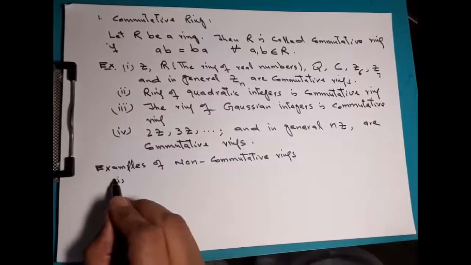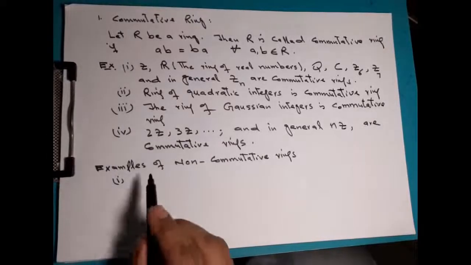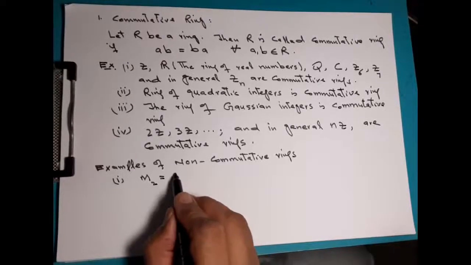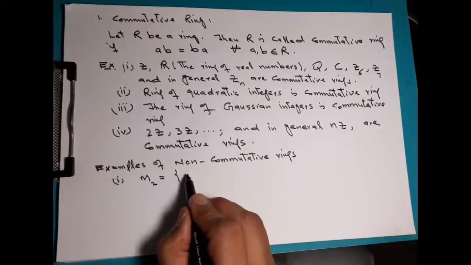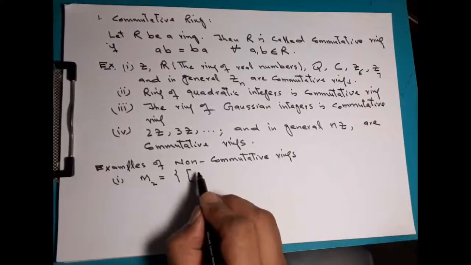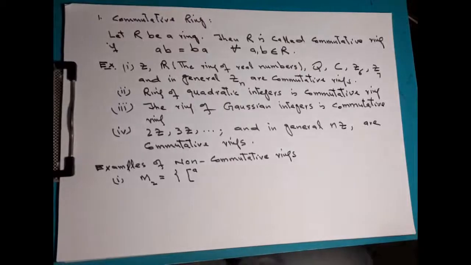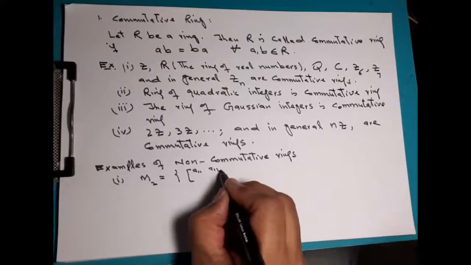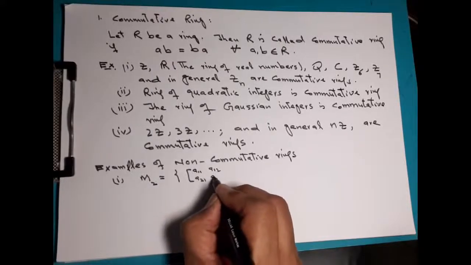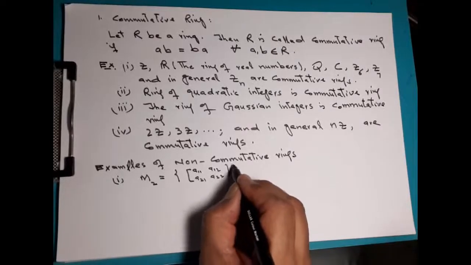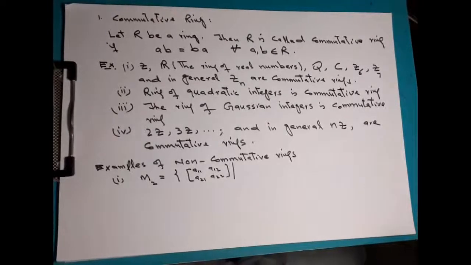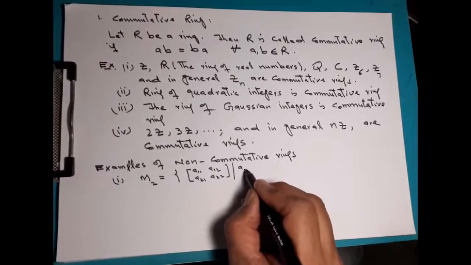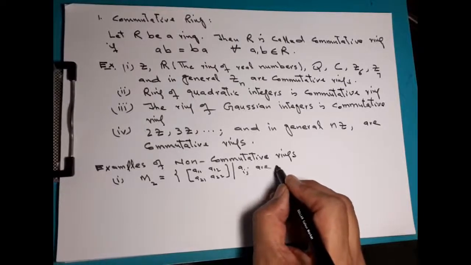So first of all, you must be remembering this particular ring M2. We discussed this ring as the ring of square matrices of order 2 by 2, with entries a11, a12, a21, a22, such that the aij's are real numbers.